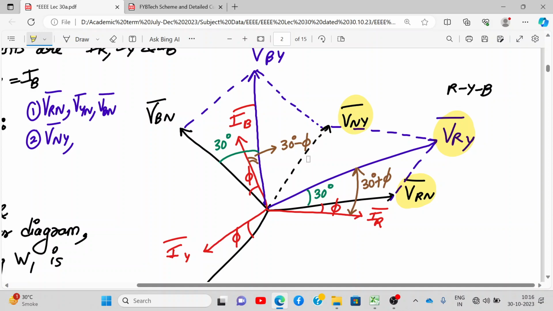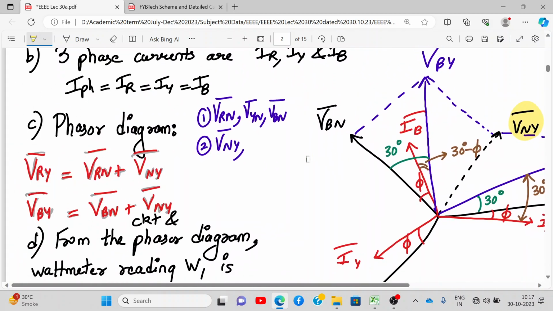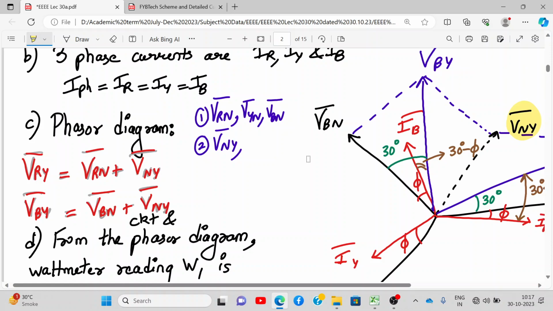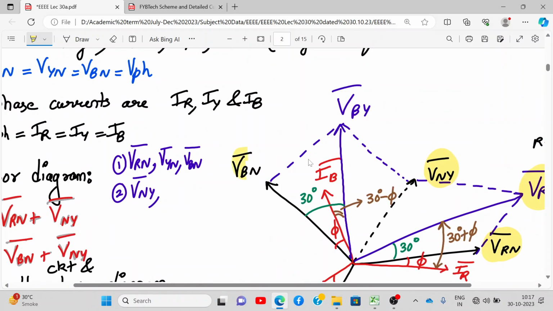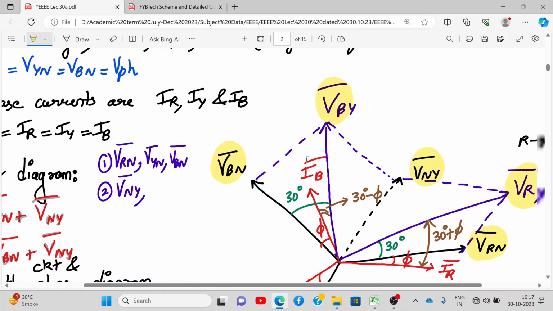VRN and VNY are the phase voltages. Got it? This we have already covered while drawing the phasor diagram of star connected system. Now, next is VBY, which is VBN and VNY. So VBN is over here, VNY is over here. So VBY will be the resultant of the two by parallelogram. So here we have VBY.